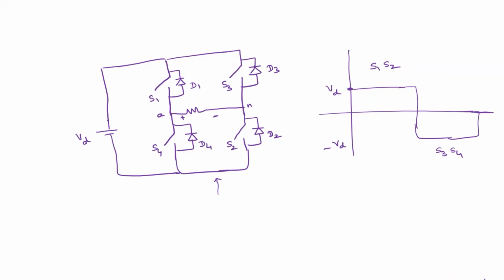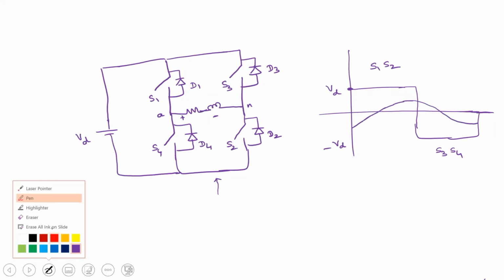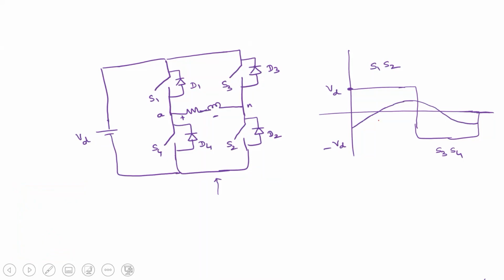When the load is resistive, there is no role for these freewheeling diodes. But when the load is inductive, the current shape is something like this, and it is divided into 4 parts.